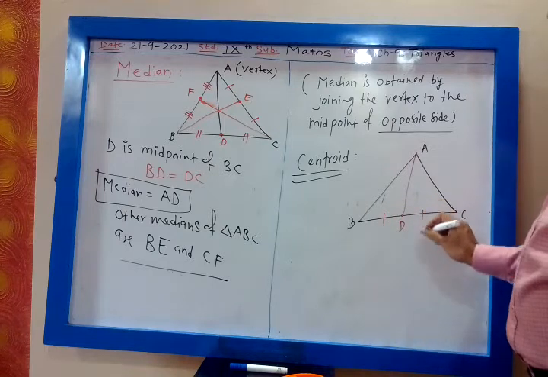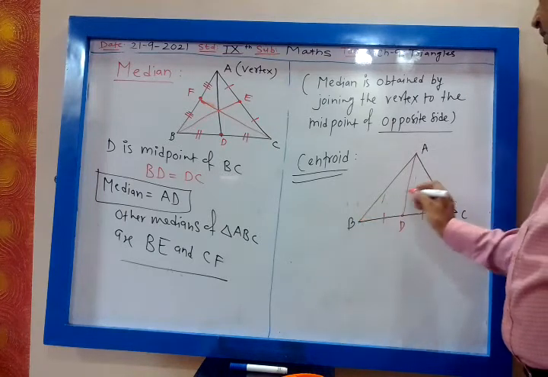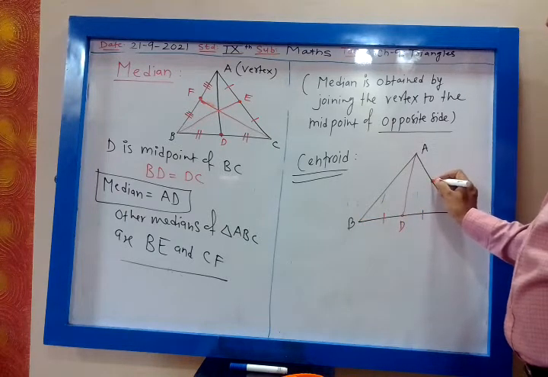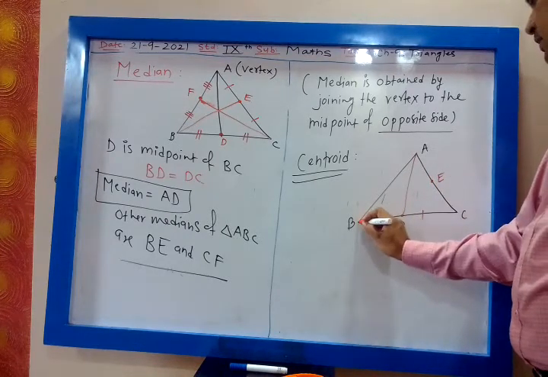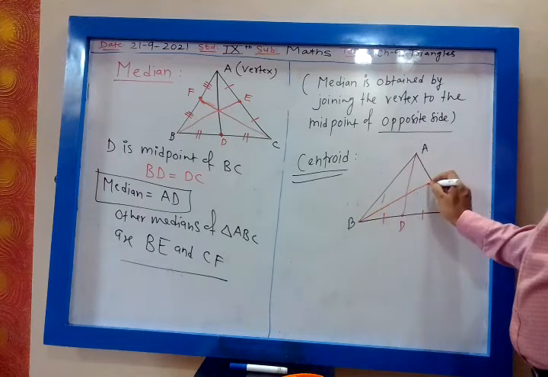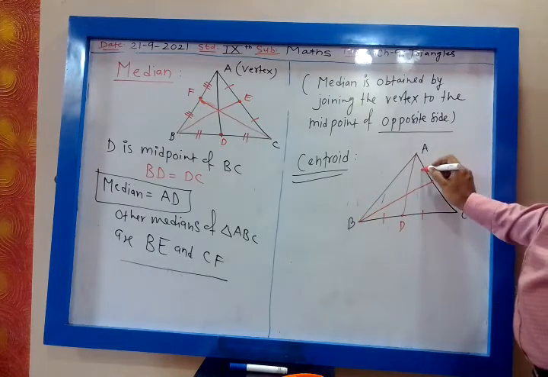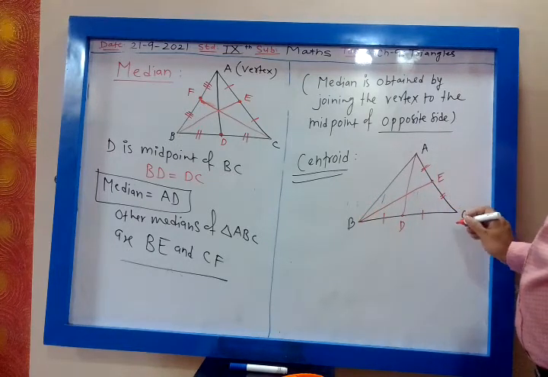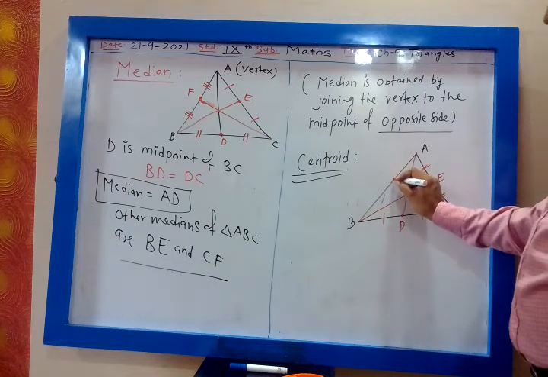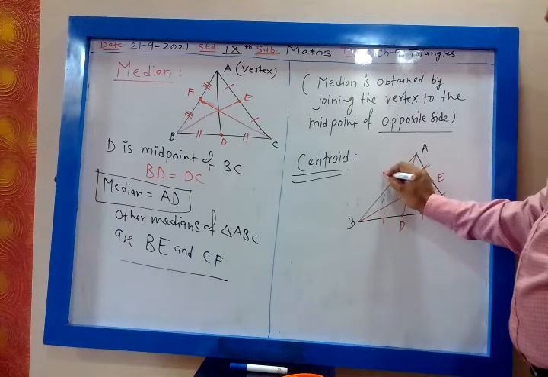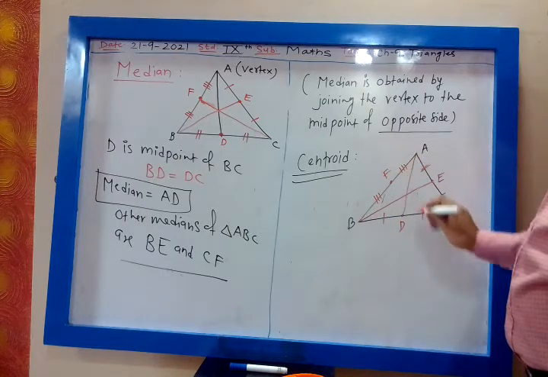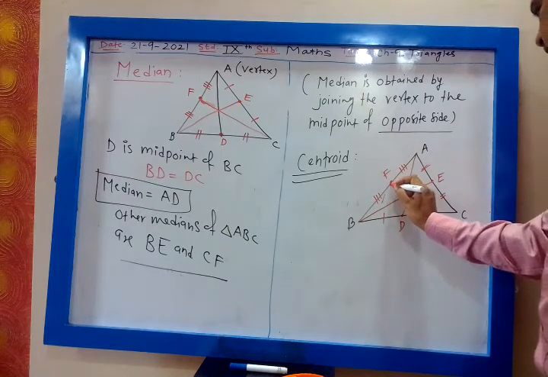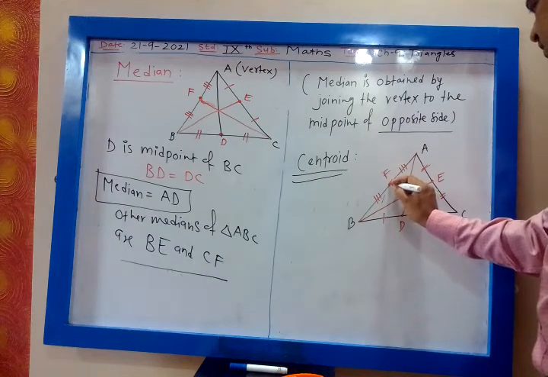Then E is the midpoint of AC, so BE is another median. Then F is the midpoint of AB, so BF is equal to AF, and we join CF.